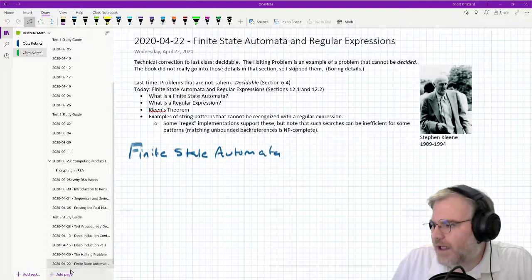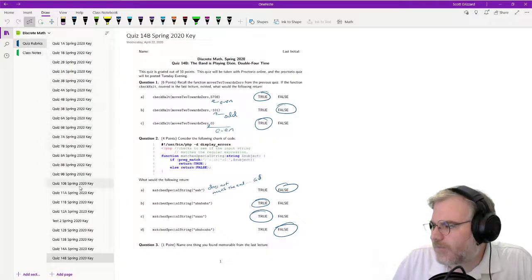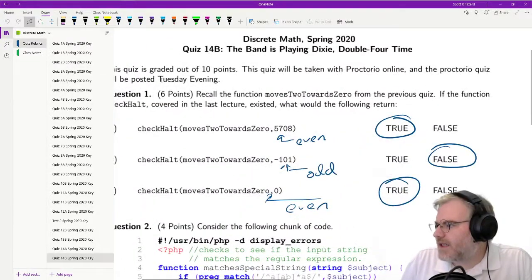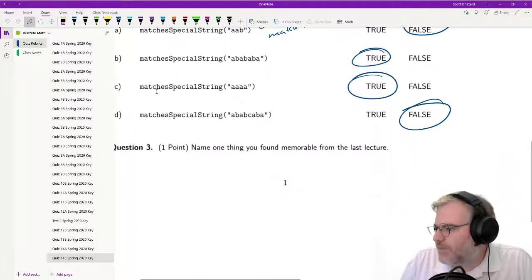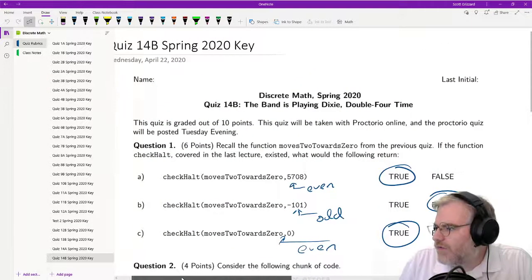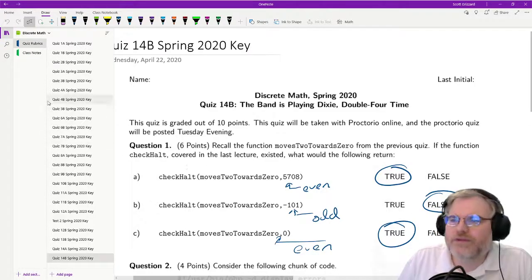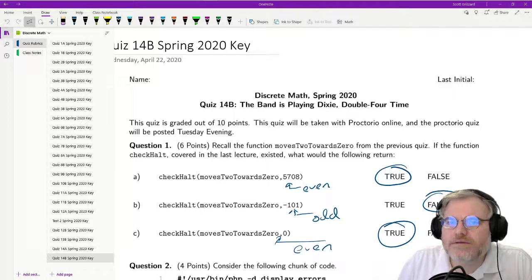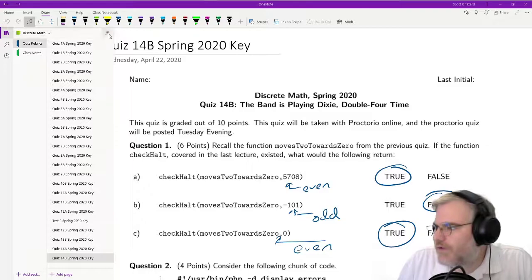Let's go ahead and go to the quiz. Okay. So the quiz, as usual, graded out of 10 points. It's an 11-point quiz. Let's talk about this one. So we had this function moves towards 0 from the previous quiz. We can bring it up if you so desire.